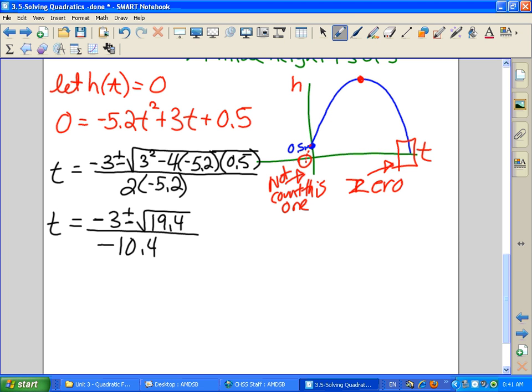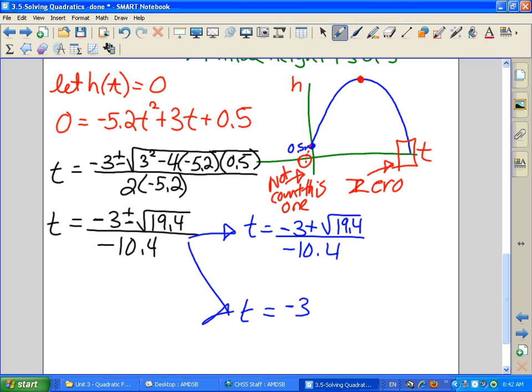All right. Then, ladies and gentlemen, we break it down into its two cases. So either t equals negative 3 plus root 19.4, all divided by negative 10.4, or your other option, t equals negative 3 minus root 19.4, all divided by negative 10.4.